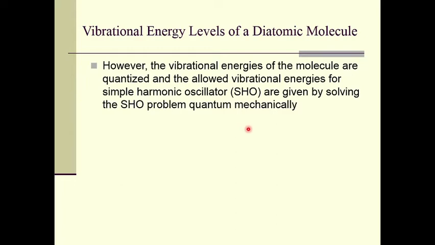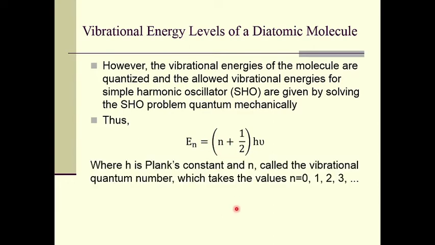And therefore we can write En is equal to (n plus 1 half) into h nu, right? This expression gives us the vibrational energies of the molecule, and we can say they are quantized, because n is the quantum number and it takes values 0, 1, 2, 3, and so on up to infinity, right?